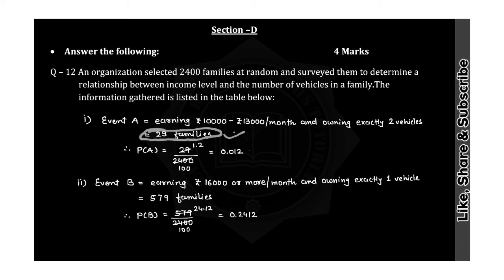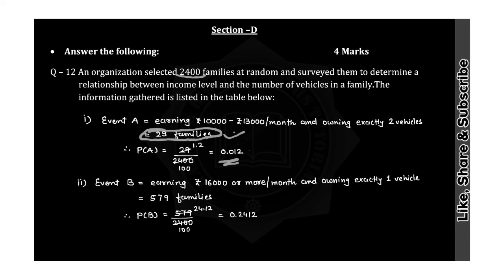And therefore the probability of that event is 29 upon the total number of families, that is 2,400. Now divide numerator and denominator by 24. So 1.2 into 24 will be 29 and 100 24s are 2,400. And therefore your final answer will be 1.2 upon 100, that is 0.012.